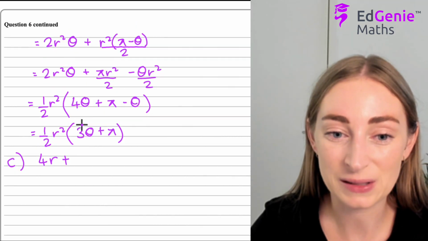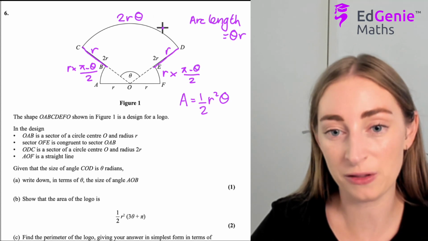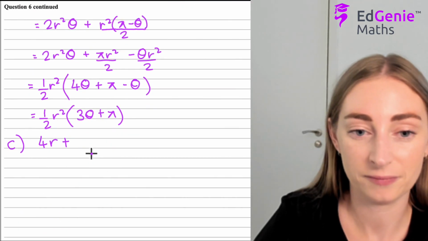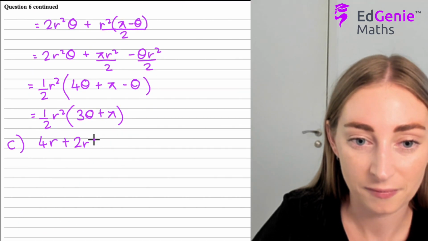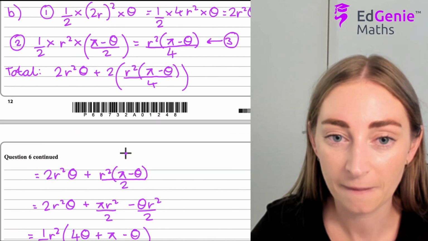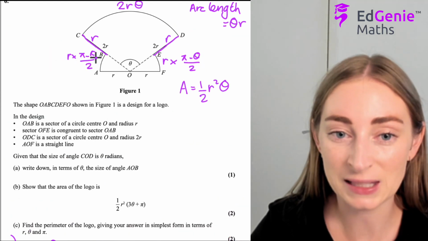Then we need those 3 other lengths we found. So this was 2r theta, this one here. Plus 2 lots of this one here. So it's r times pi minus theta over 2.